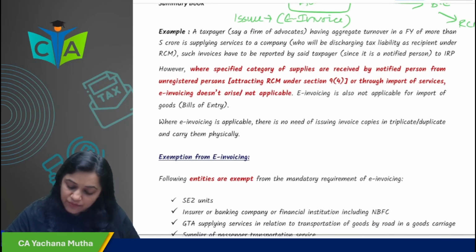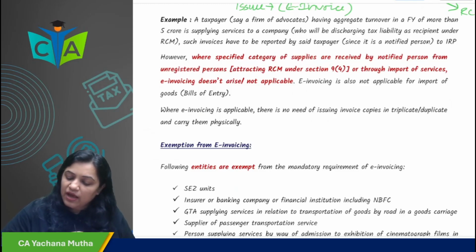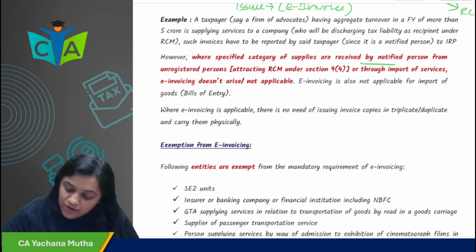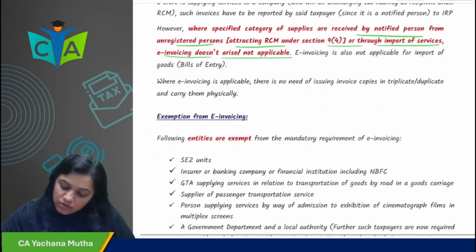Now, where specified category of supplies are received by a notified person from an unregistered person attracting RCM, or through import of services, e-invoice does not arise or is not applicable.